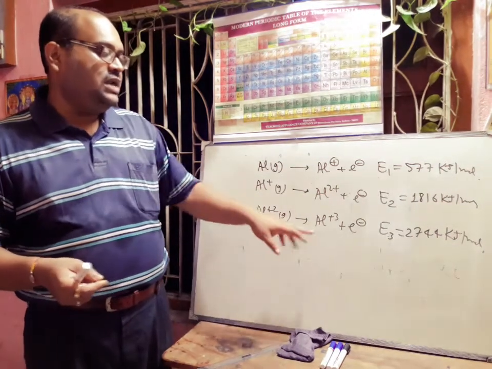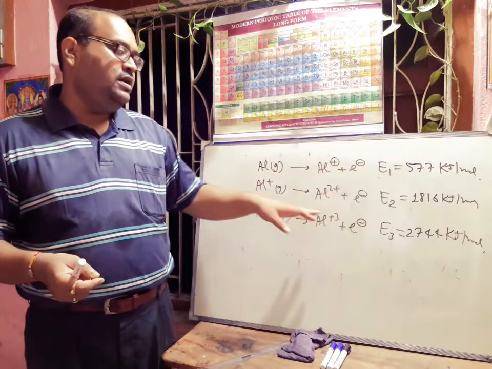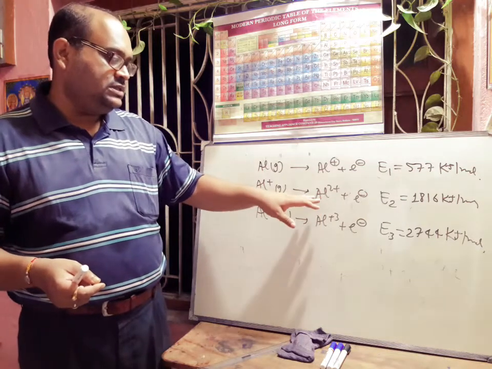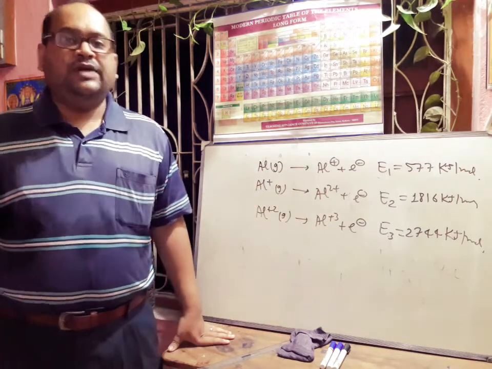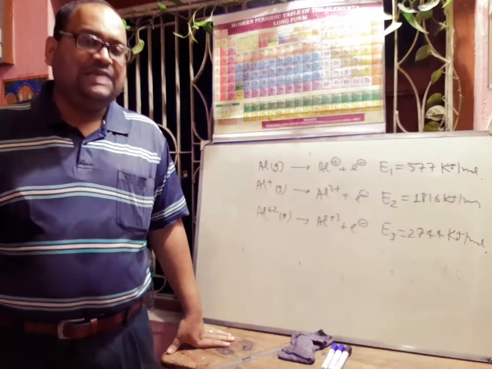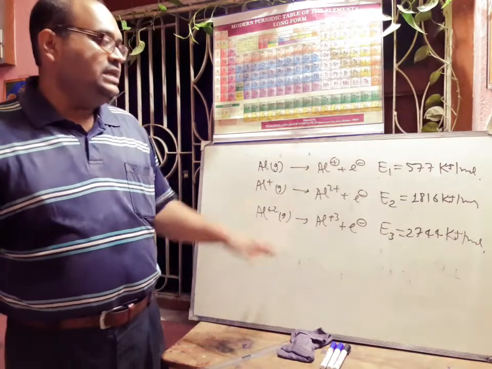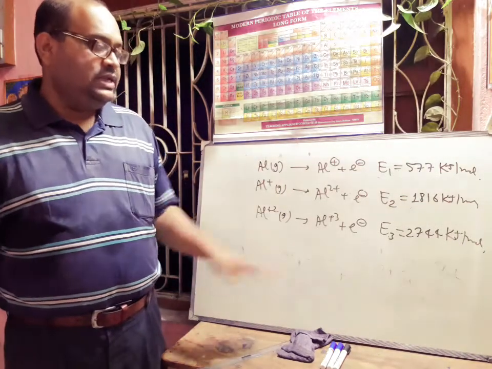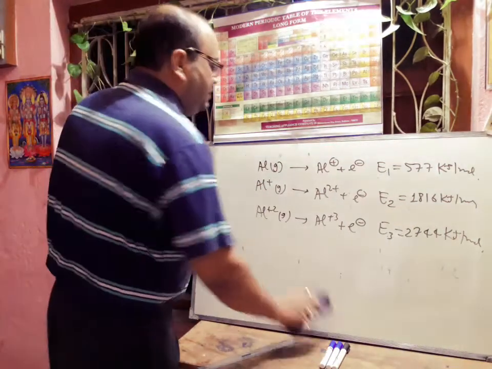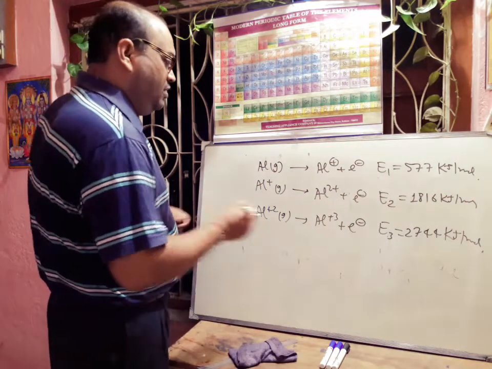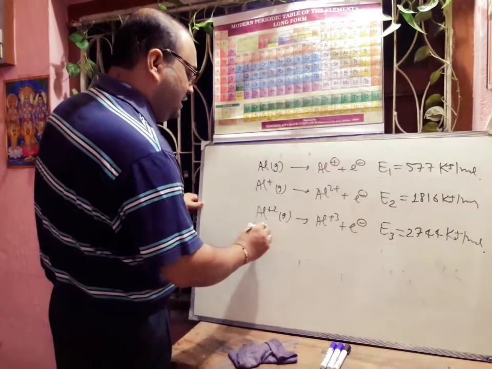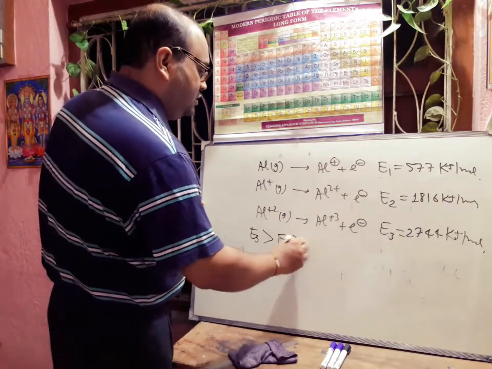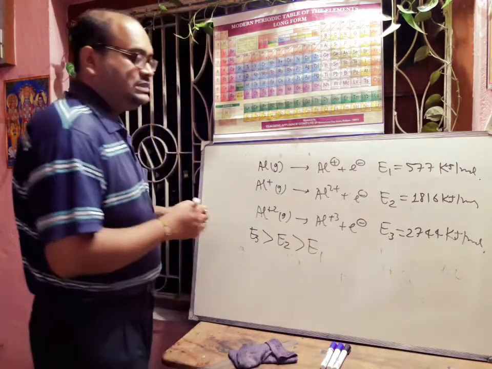So removing the third electron is much more difficult compared to the second one. In this way the successive ionization energy will keep increasing. That means E3 is always greater than E2, then E1. Hope you can understand.